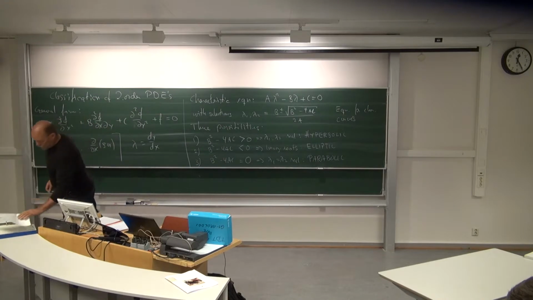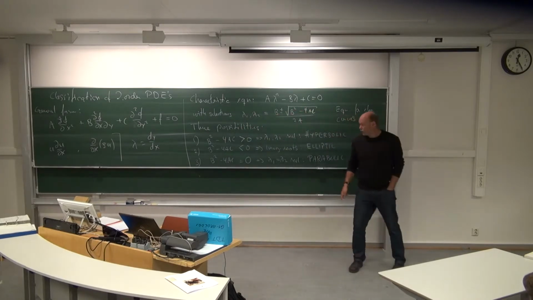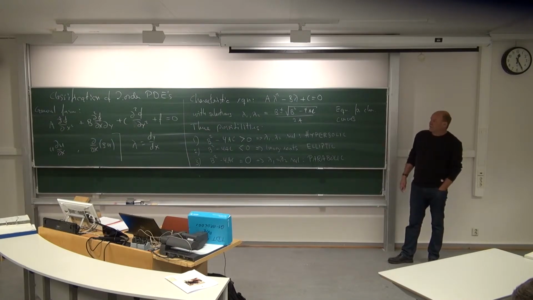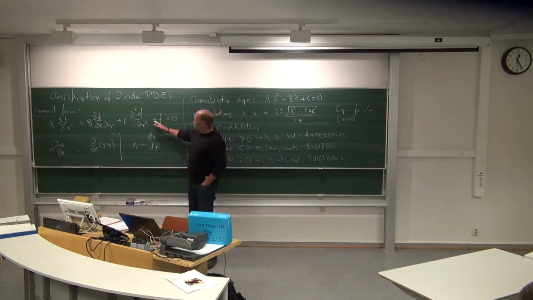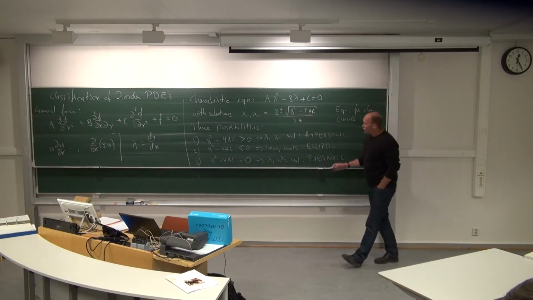So this is how we classify our PDEs. So we check the coefficients and see to which family it belongs. Now this is not the entire truth. We will have equations that are not second order, they are first order only. Still they will belong to one of these.